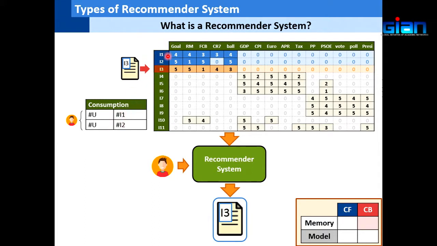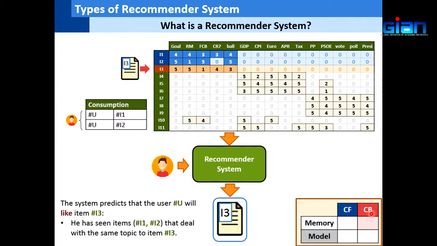Because this item has not been consumed by the user, and it seems that the user is interested in this topic, it seems that this recommendation can be given to the user. So the system predicts that the user will like item I3 because he has seen items I1 and I2, which deal with the same topic as item I3.